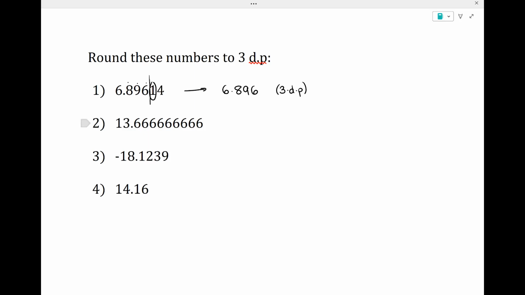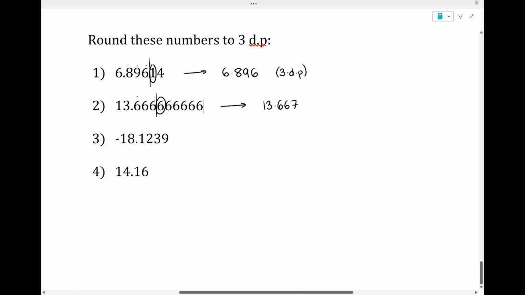Once again, this next one, we want 1, 2, 3 digits, we cut it off. Have a look at this next digit, it's a 6, which is greater than a 5. So it rounds upwards, so this becomes 13.667.